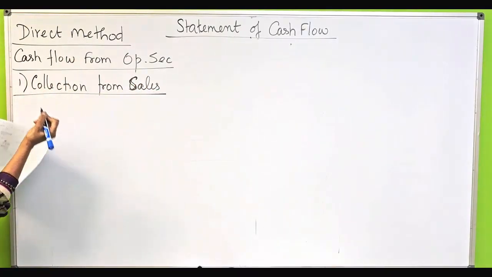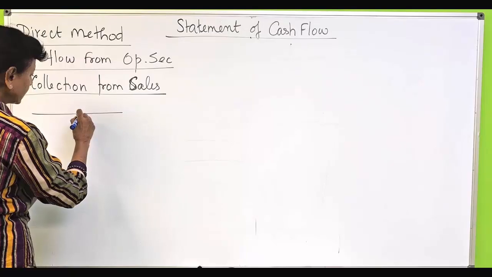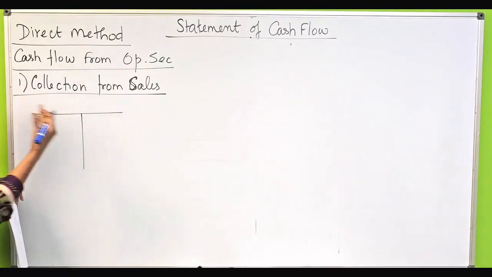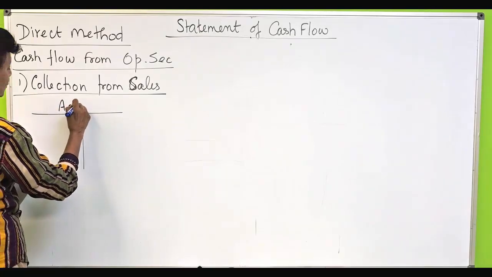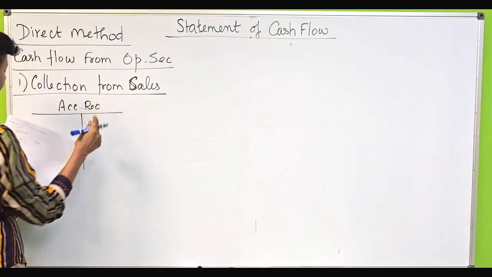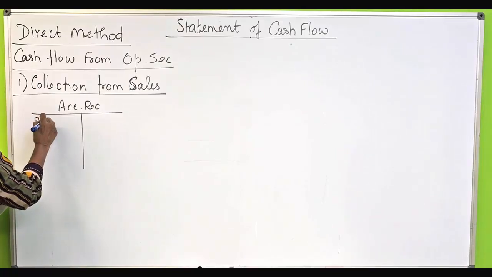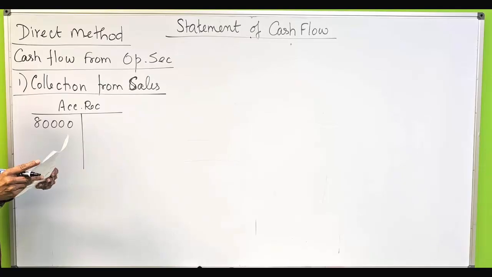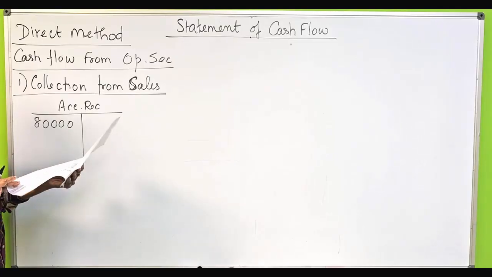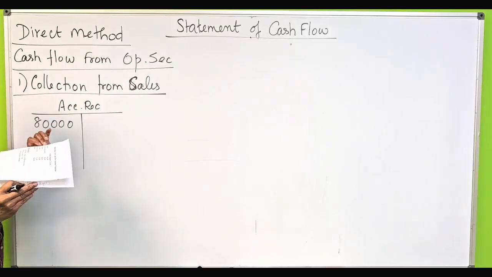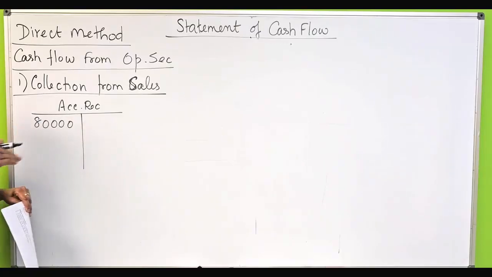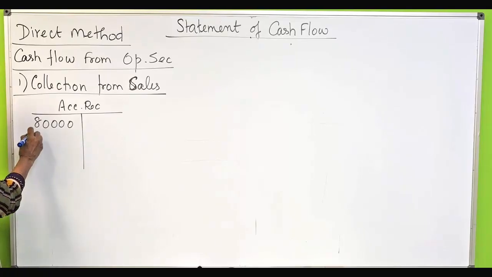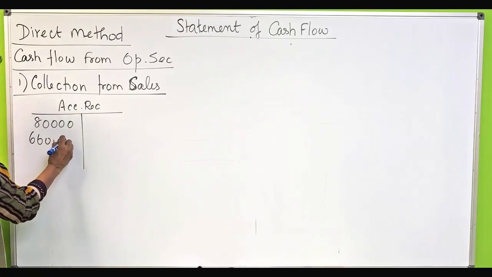If you look at your accounts receivable, it is much better to use the T account because it's easy to calculate the numbers. The accounts receivable beginning balance was $80,000. During the year, the income statement shows the sales revenue was $660,000, so when the company made the sales, they would have debited accounts receivable for $660,000.